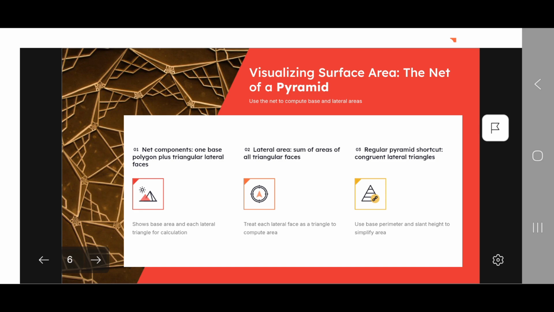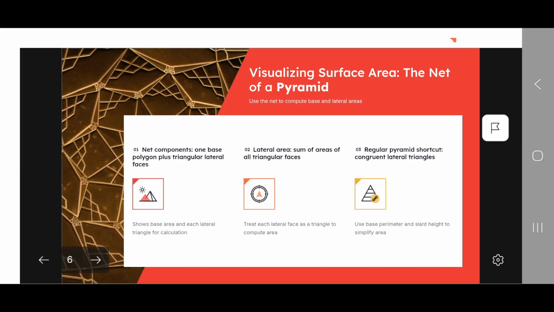So, visualizing surface area: the net of a pyramid. Use the net to compute base and lateral areas. The net components are one base polygon plus triangular lateral faces. It shows the base area and each lateral triangle for calculations.